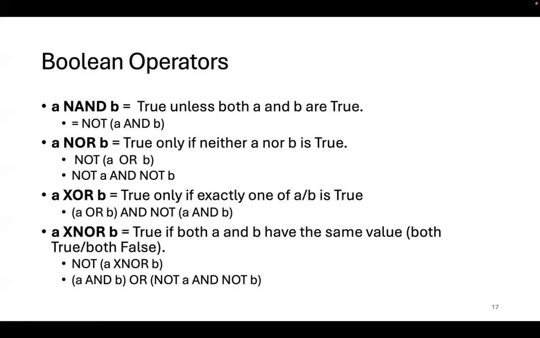So if A and B are both true, then NAND is false. NOR is only going to be true if neither A nor B is true. So if A and B are false, then NOR is true.